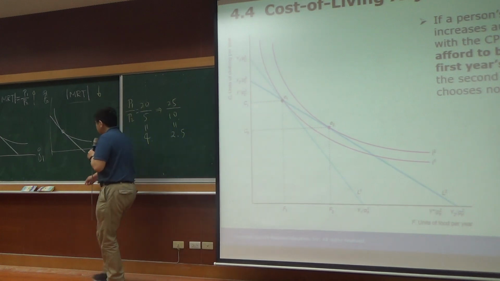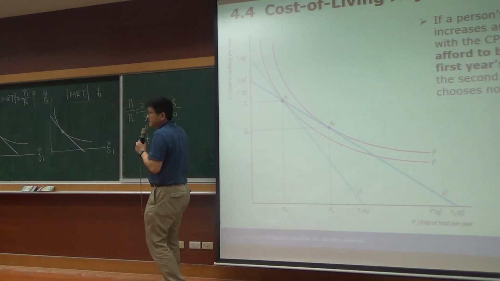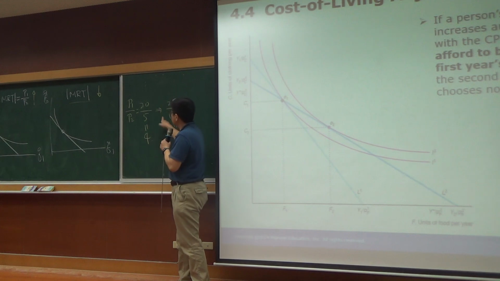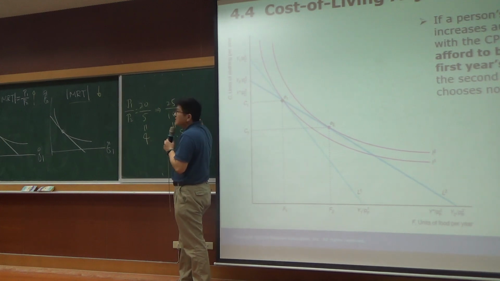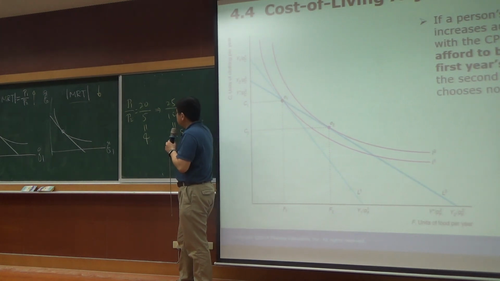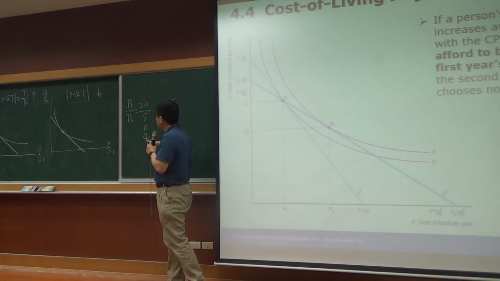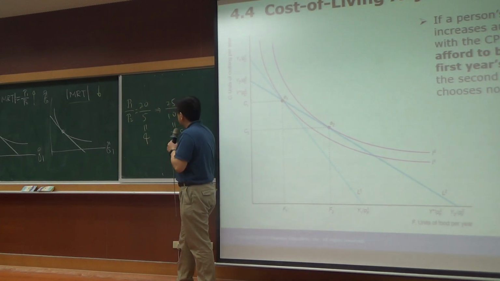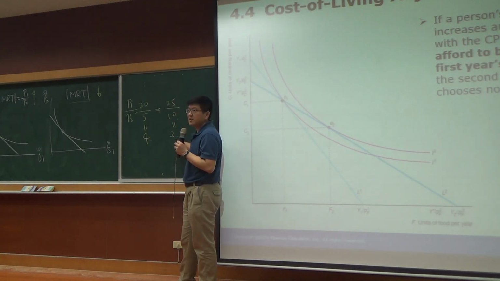You see, both prices go up, but relatively P1 becomes cheaper. Initially P1 is 4 times P2, but now it's 2.5 times.